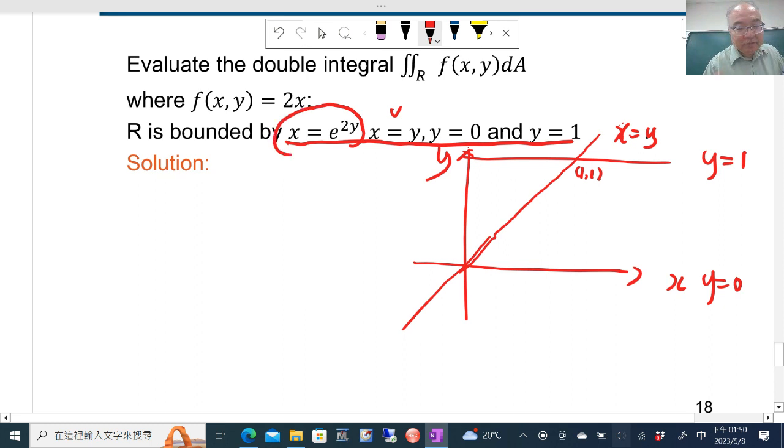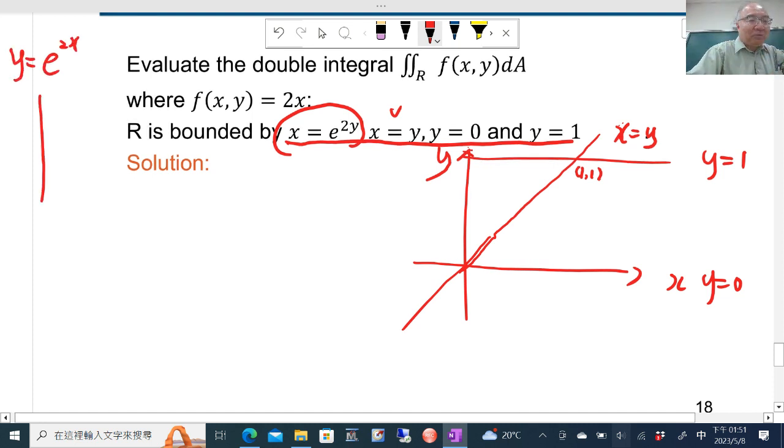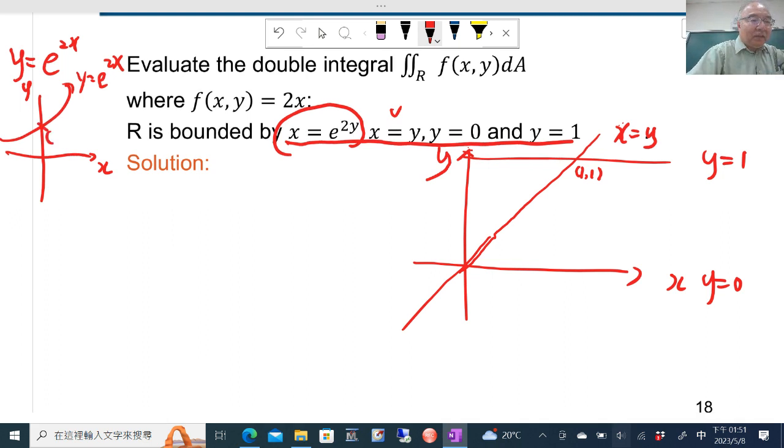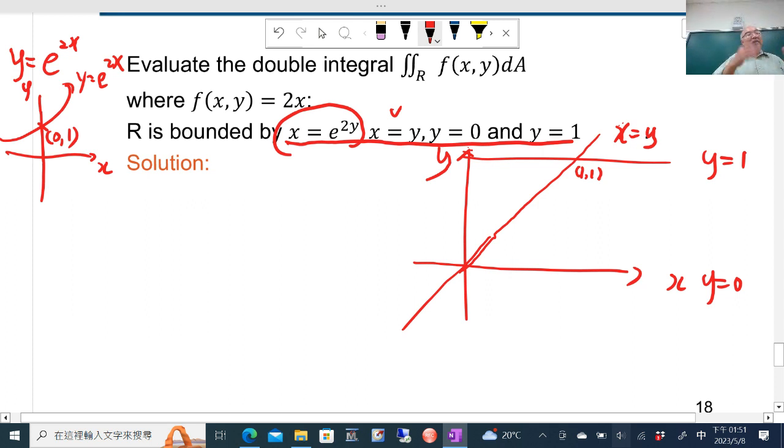And what happened to this? X equal to e to the power of 2y. Okay, and what is the curve? Okay, and we know when you say y is equal to e to the power 2x, it's quite simple, right? This is x, y equal to e to the 2x, and here we have 0, 1. Okay, now we have x equal to e to the power 2y.